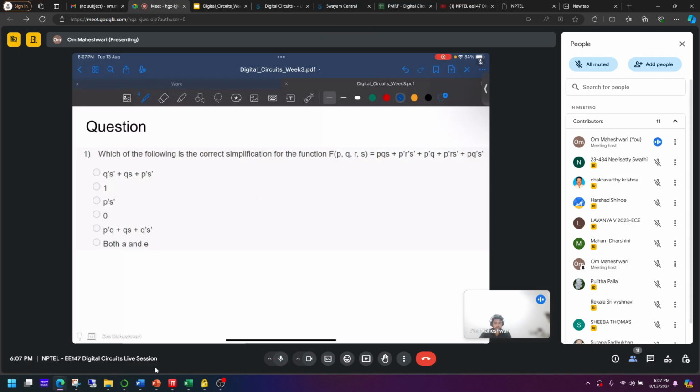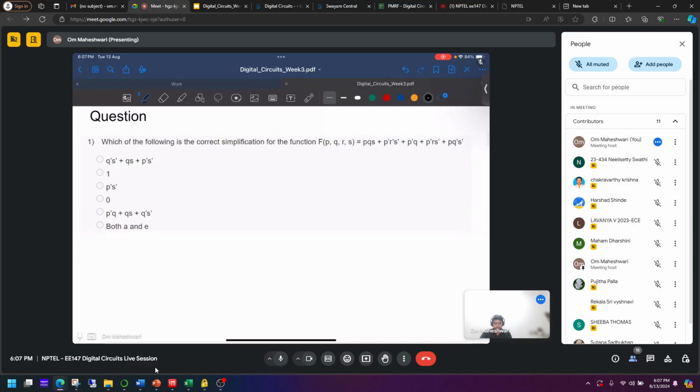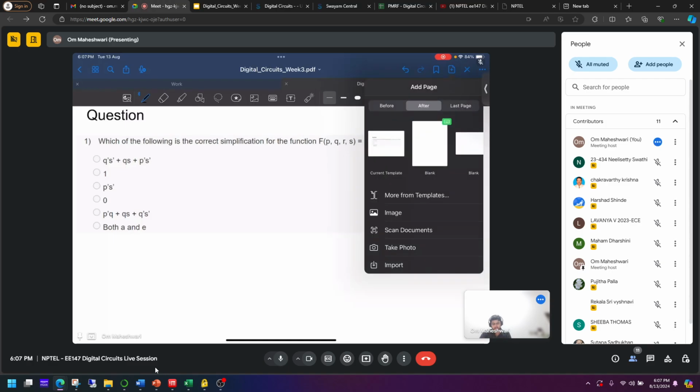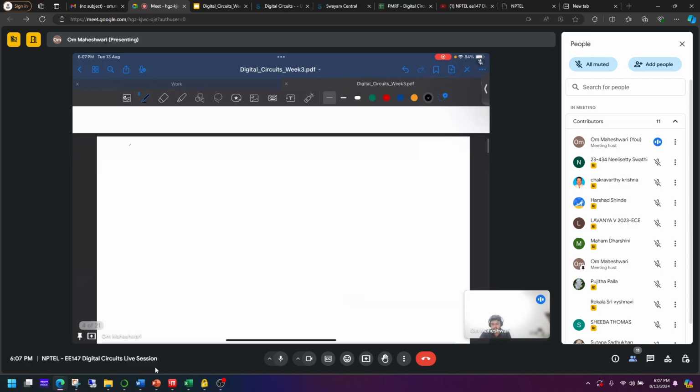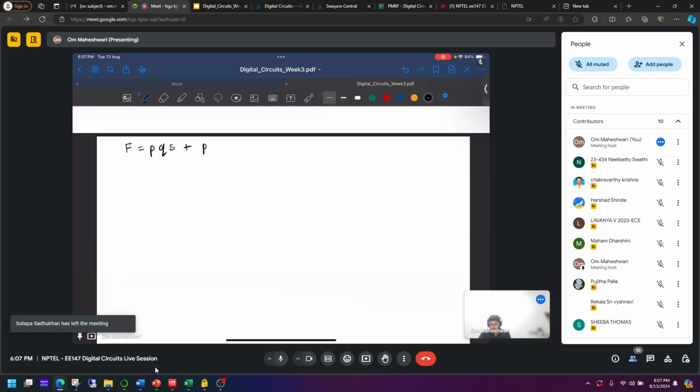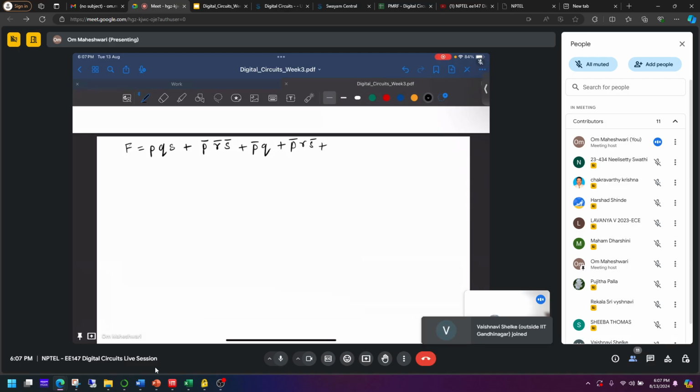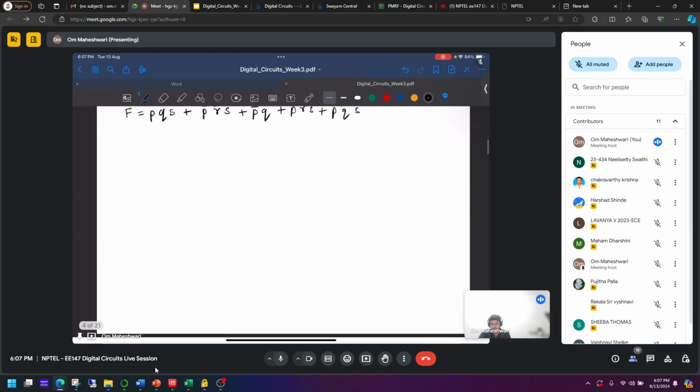Okay, let us solve this one together. So let me add a page. The function that you have is f equals pqs plus p bar r bar s bar plus p bar q plus p bar r s bar plus p q bar s bar. So we will make a K-map. We have four variables p, q, r, and s.